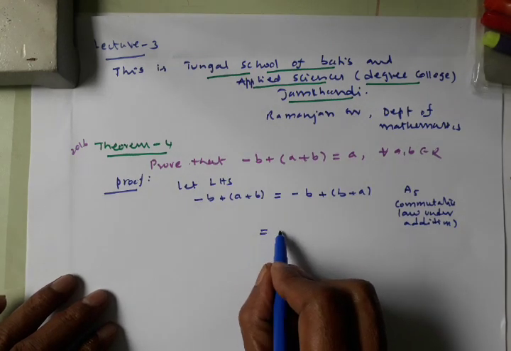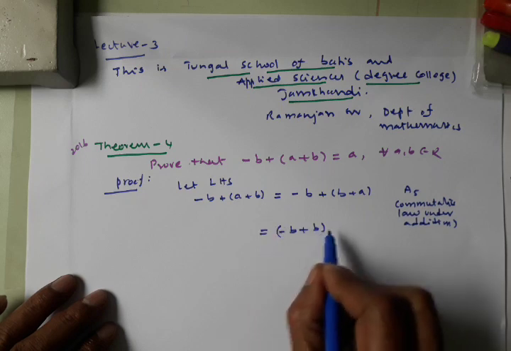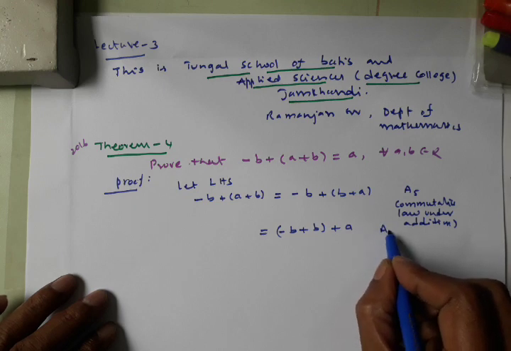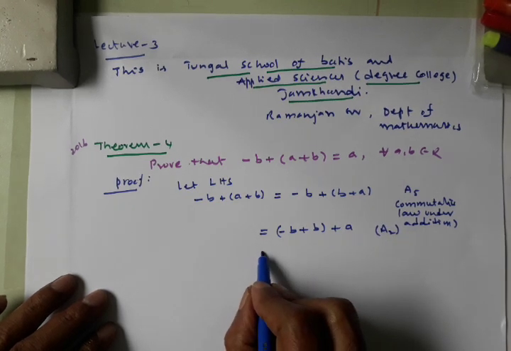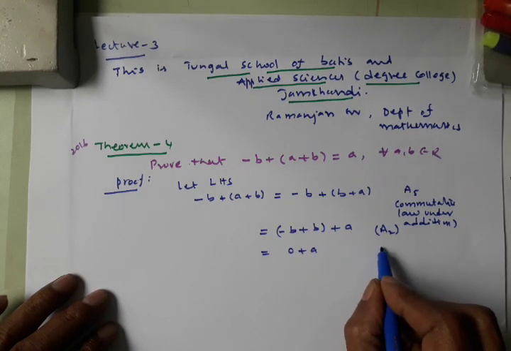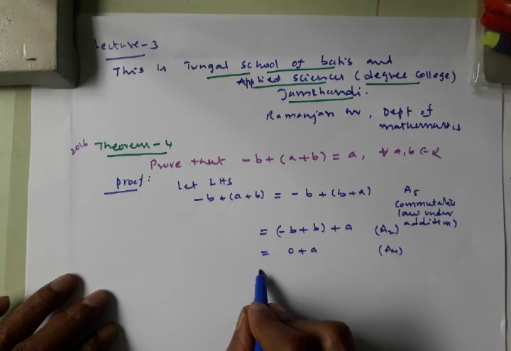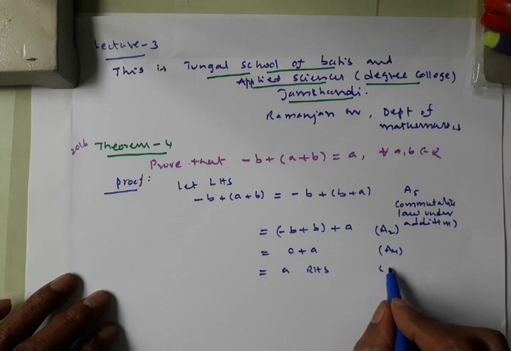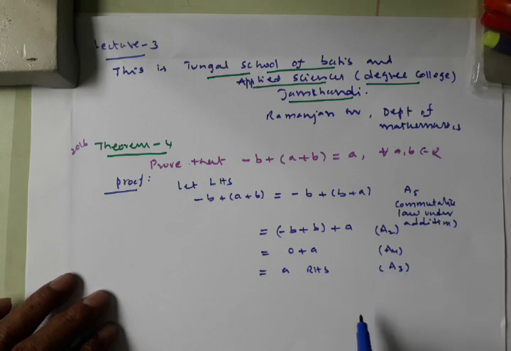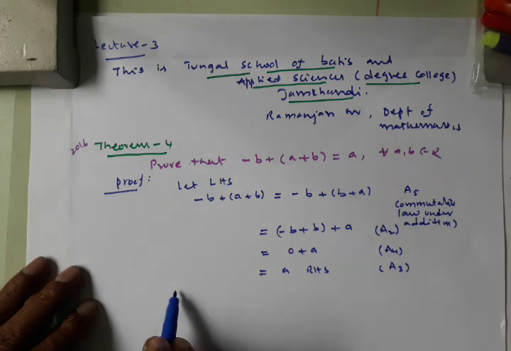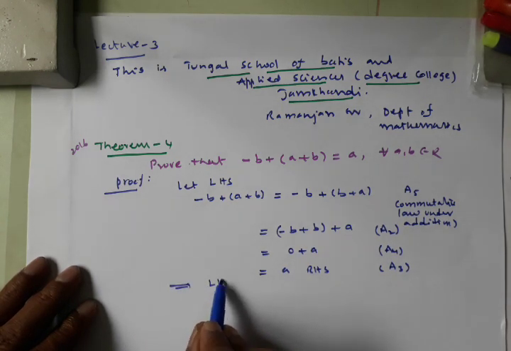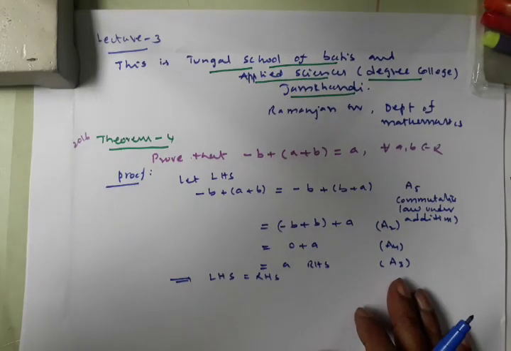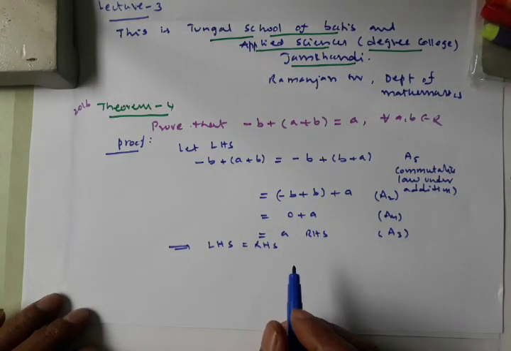Is equal to minus b plus b plus a, associative under addition, A2. Is equal to 0 plus a, by A4, is equal to a, which is RHS, by A3, existence of identity. So LHS is equal to RHS, applying all the properties of real numbers.